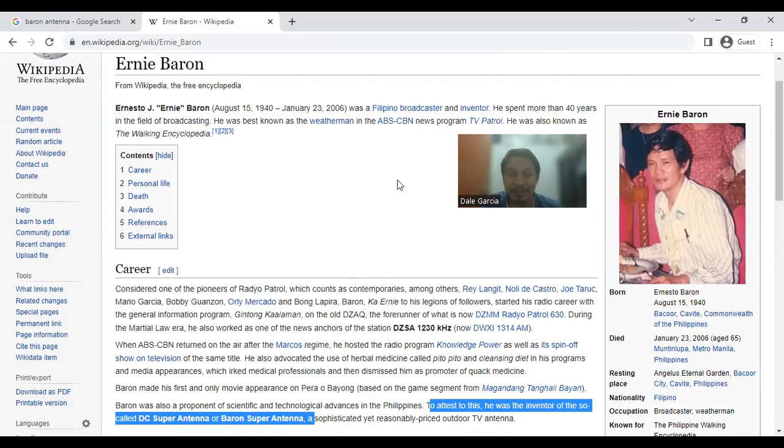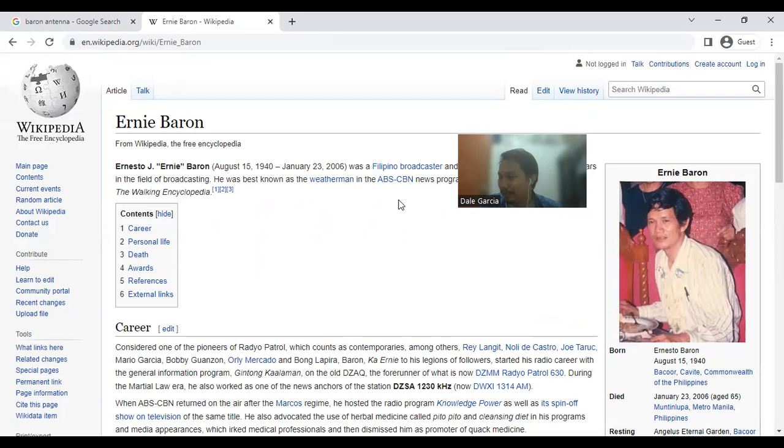So this is Ernie Baron. Before, in TV Patrol, usually the second to the last part before the end was the weather report. He did the weather report before. And after the weather report, he would do trivia, like what Kuya Kim does. It was a pattern before, after the weather report, a trivia or scientific facts.